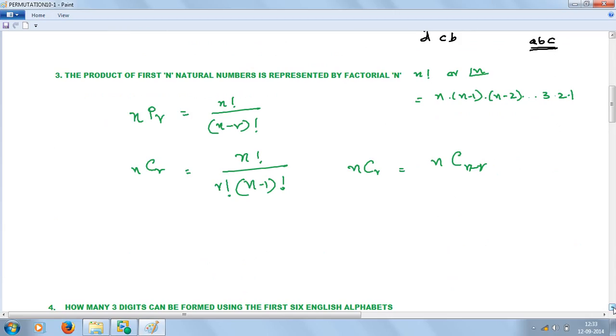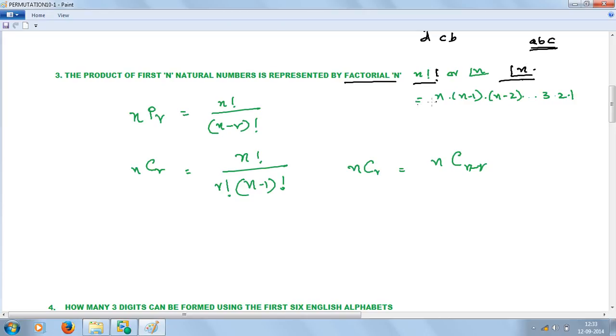So in this permutation, we use one more way of representing the product of first n natural numbers. The word we commonly use is factorial n. We represent it like this: n factorial is read as, or we can write it this way also, factorial n. Two ways we can write.